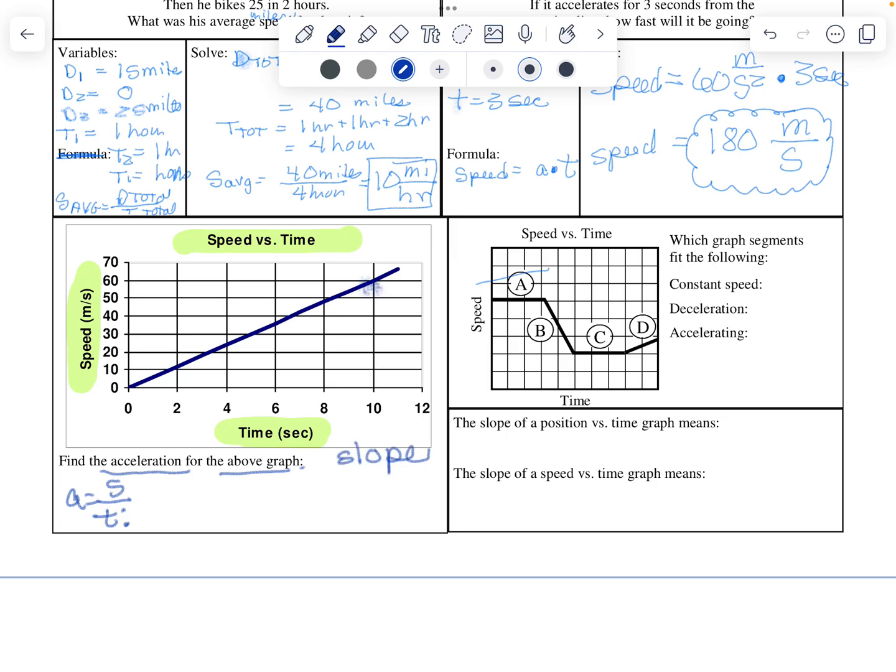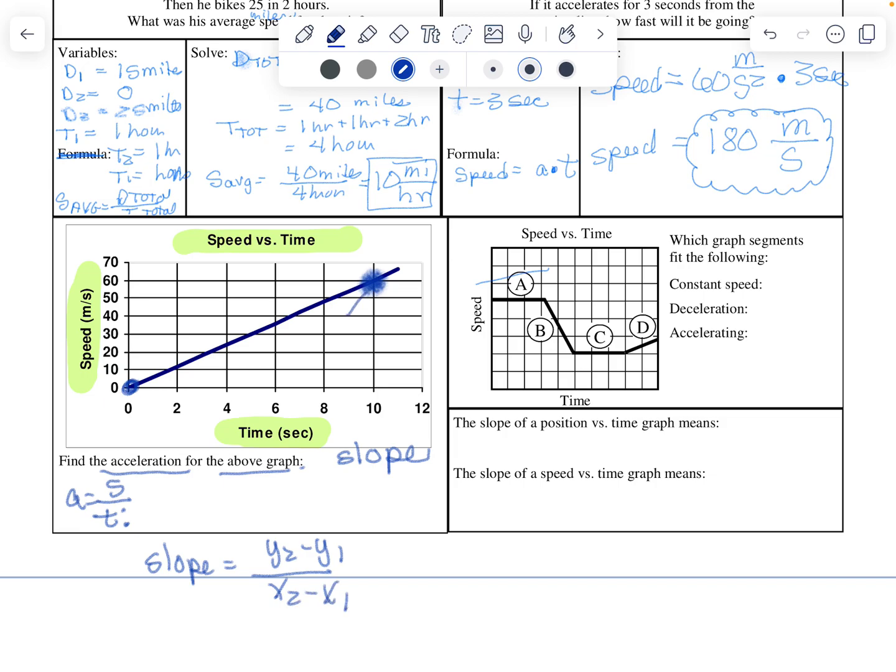So the 2 points I would like you to use are this point, and let's make it easy and use this point. Remember, to find our slope, you're going to take y2 minus y1 over x2 minus x1.